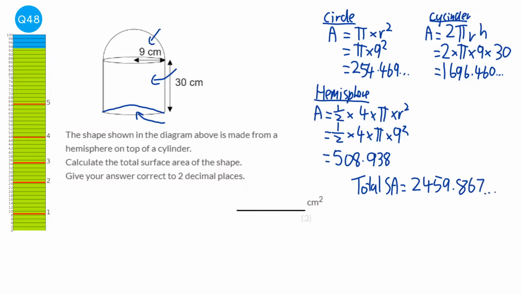Do make sure you show the examiner that you're adding these three here. I've not done that because it would waste a bit of time for a video, but make sure you write it down. It says it wants it to 2 decimal places, so that will be 2459.87 centimeters squared.